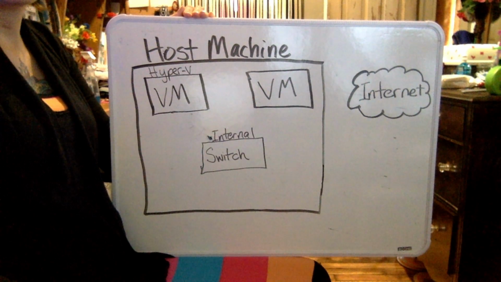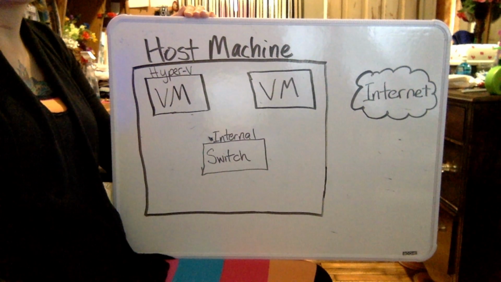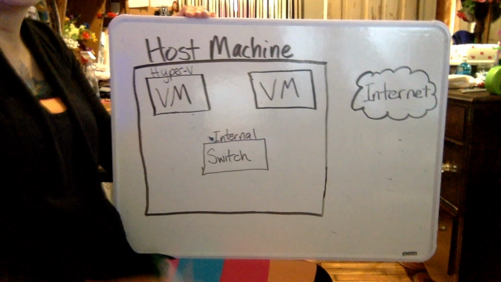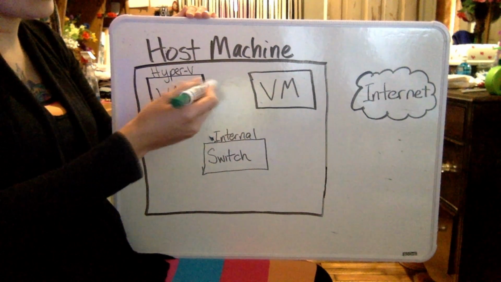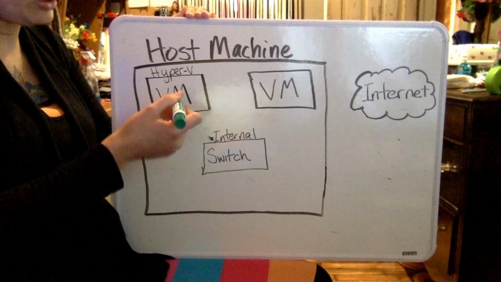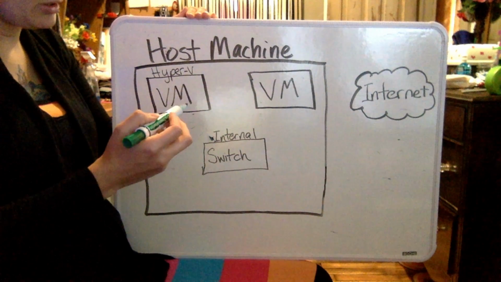This is a diagram now of the internal virtual switch, and as you can see, it's a little bit different from the external. I've put two virtual machines in this one just to show you how it's going to work.